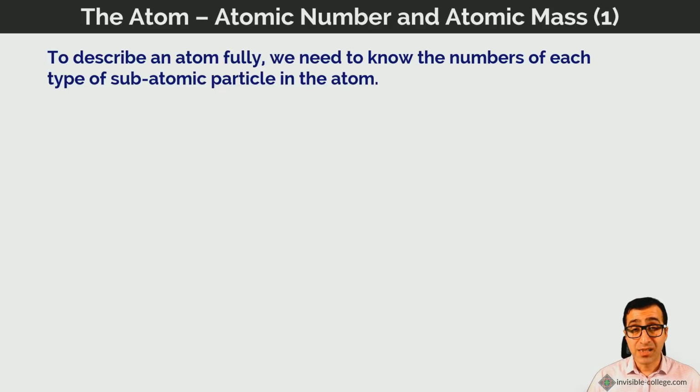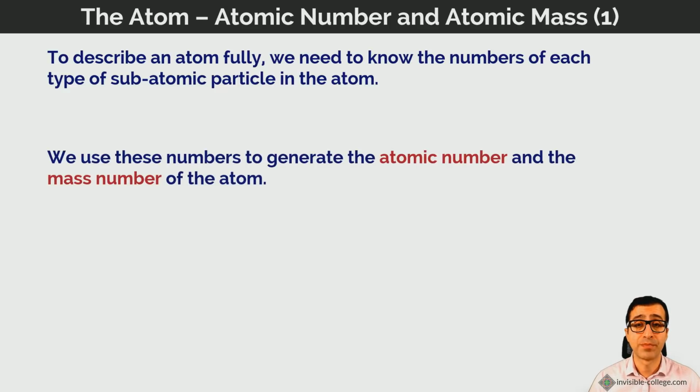So, to describe an atom completely, we need to know the numbers of each of those 3 types of subatomic particles which are present in that atom: the number of protons, the number of neutrons, and the number of electrons. And we use these numbers to generate the atomic number and the mass number of that atom. So the atomic number is simply the number of protons in that specific atom of that specific element.